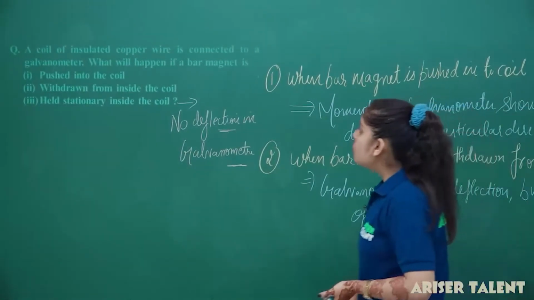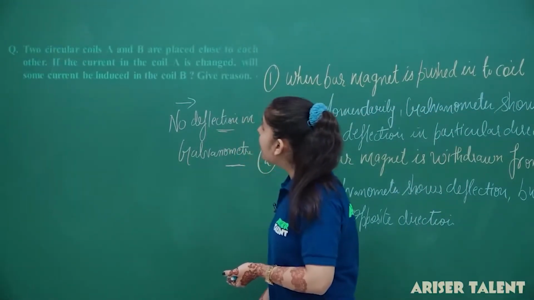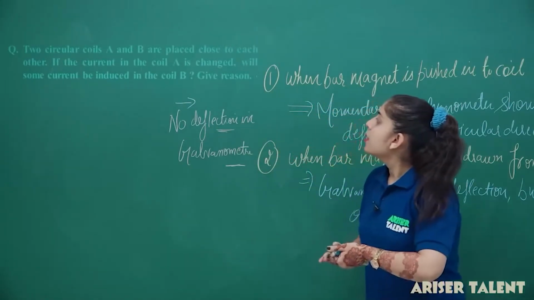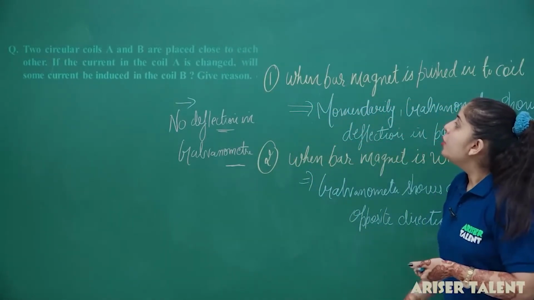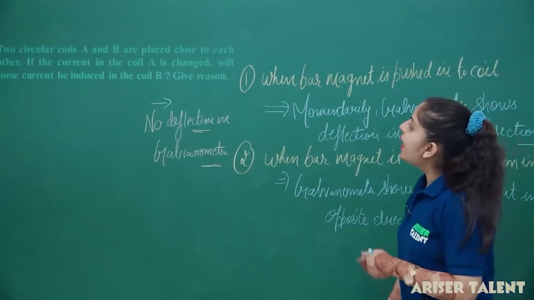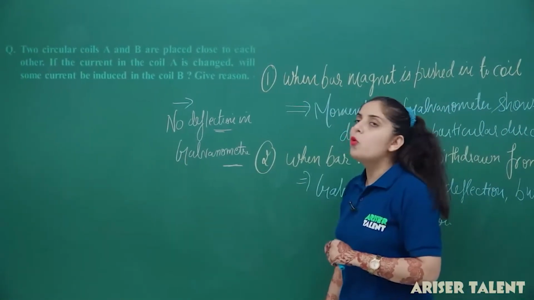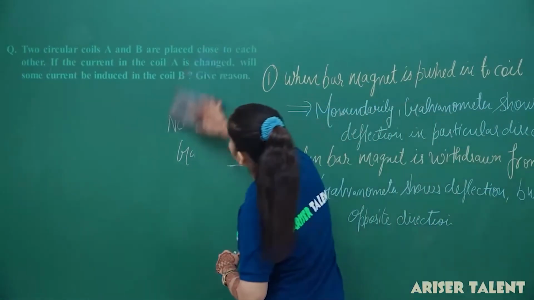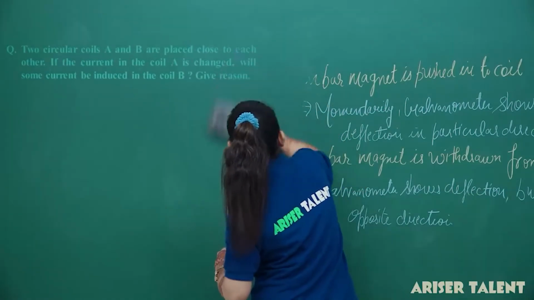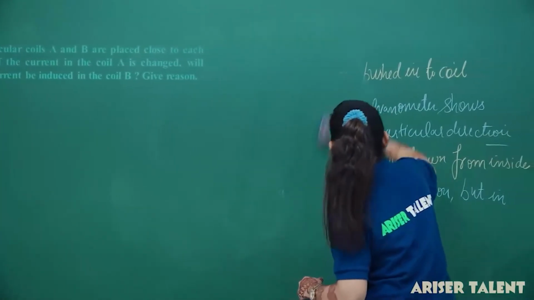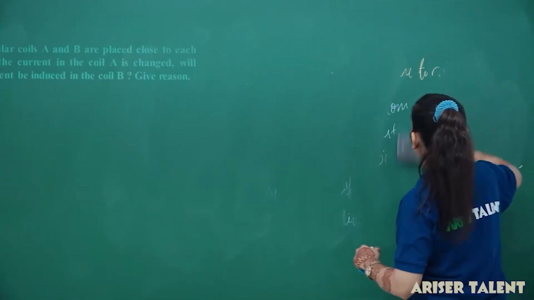Now, let's move to the next question in this sequence we have. The next question is saying, two circular coils A and B are placed close to each other. So, let me rub the board for you so we can solve our next question.